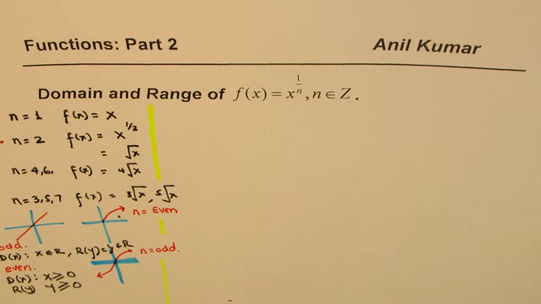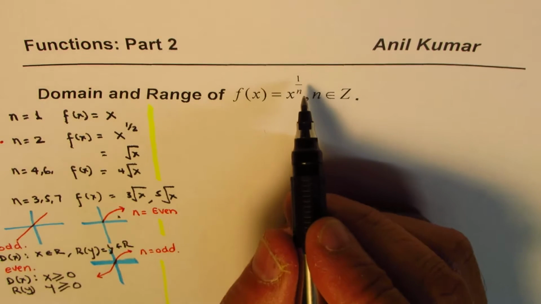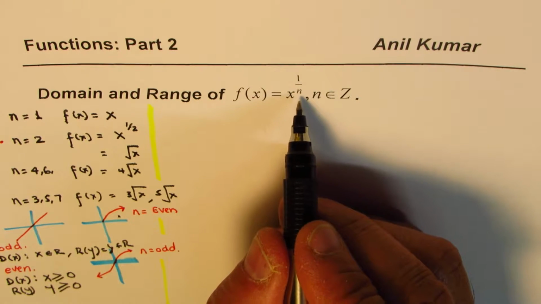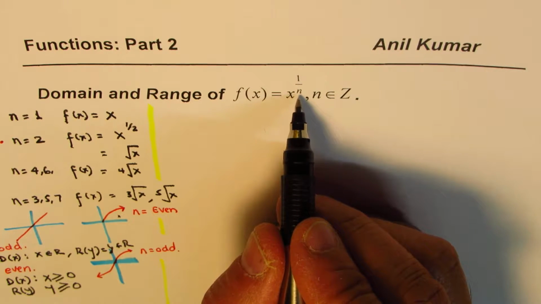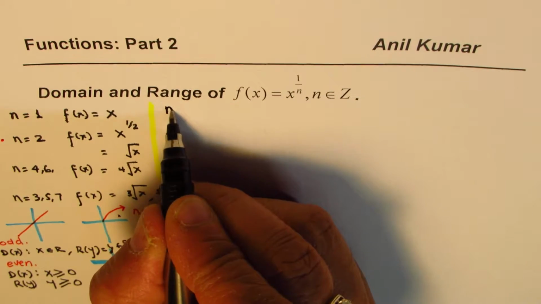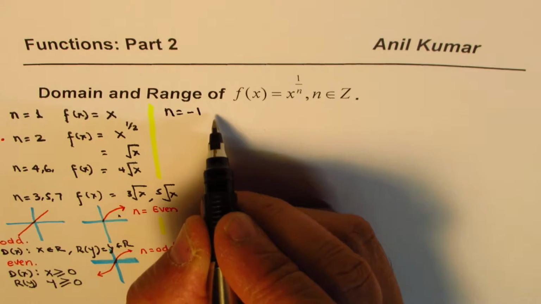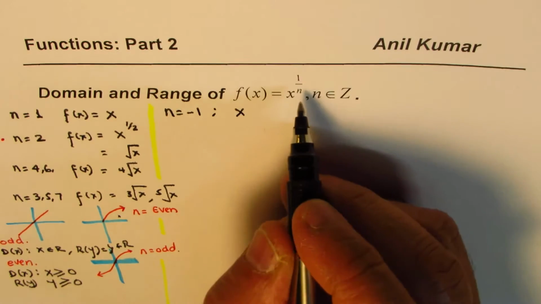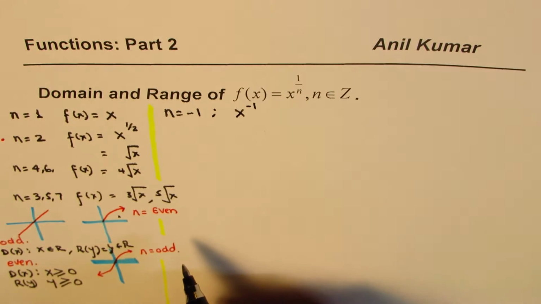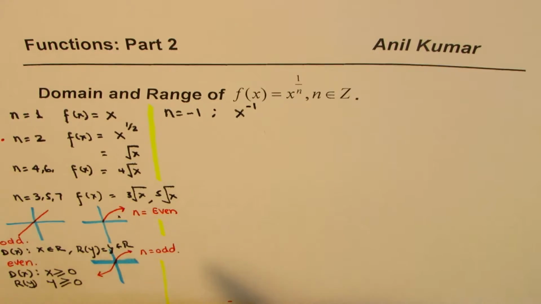Now let's continue with this particular function. We can now take values of n which are negative. If I write n equals negative 1, we get x to the power of negative 1. That is the function we get, right?